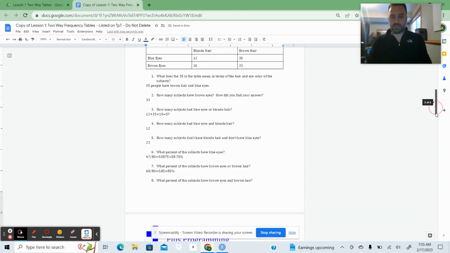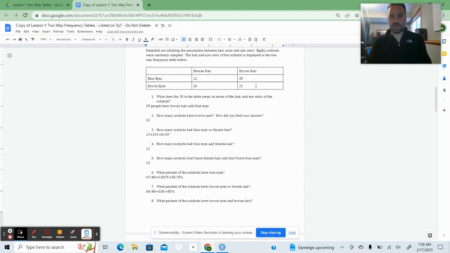So what percent have brown eyes and brown hair? So that's 23 out of the 80, which is 0.2875 or 28.75%.